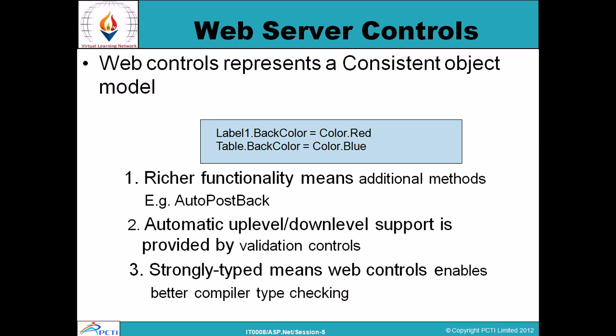Web server controls also support automatic up-level, down-level support, which is provided by the validation control. Another feature of web server controls is that they are strongly typed controls, which support strong type checking with respect to the web controls and enable better compiler type checking.